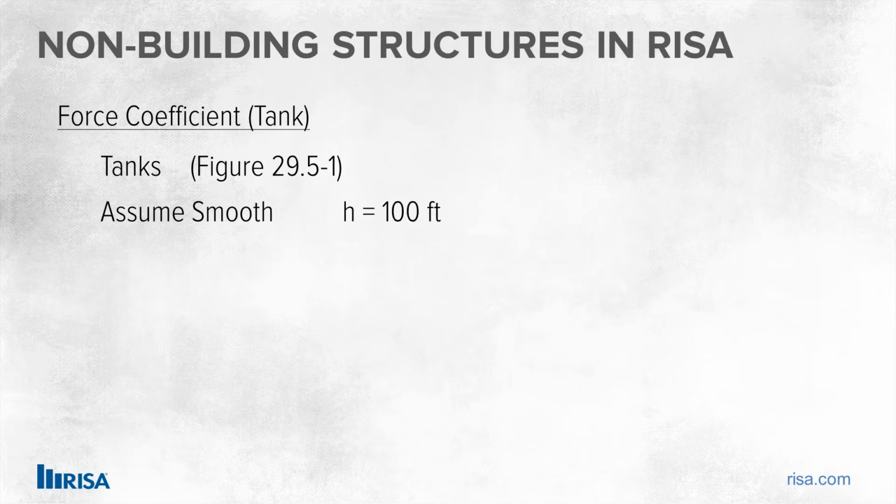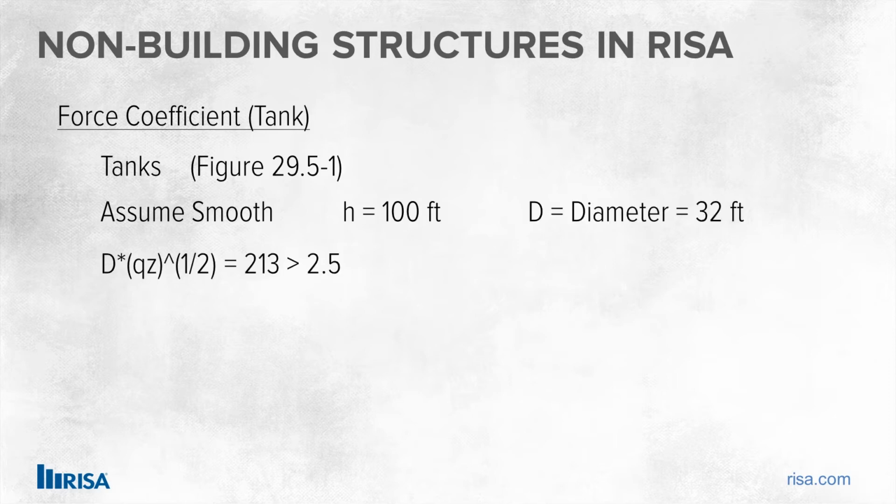If we say that the tank is up at 100 feet, which is actually the maximum height of the entire structure, but conservatively we're just using h of 100 for everything, and if we say that we have a 32-foot diameter, then we have to check the diameter ratio to figure out what number to use.